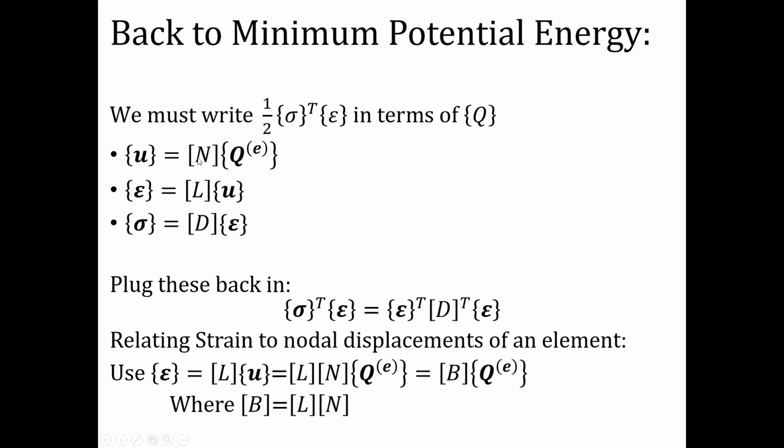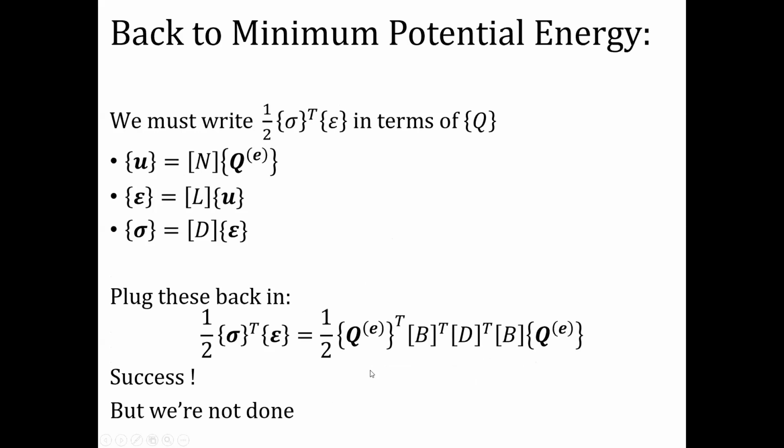So, okay. If I just plug in all of these definitions into this term, half stress into strain, and try to put everything in terms of Q, and then take a derivative of that. So better, this is everything in terms of Q, which you can maybe look at as a half k x square kind of form, right?